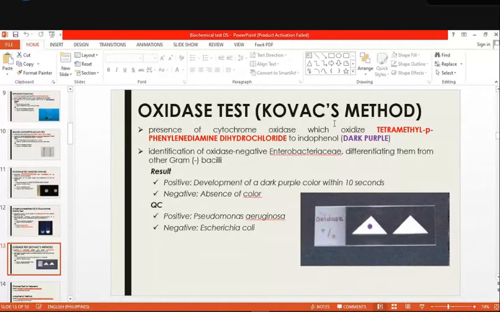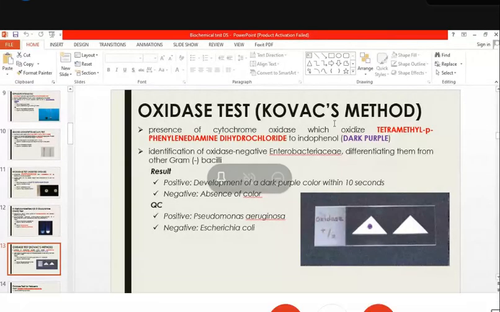Na-mention natin kanina dun sa ating modified oxidase test or our microdase test, cytochrome. Thank you, Israel. Thank you, Brandon.